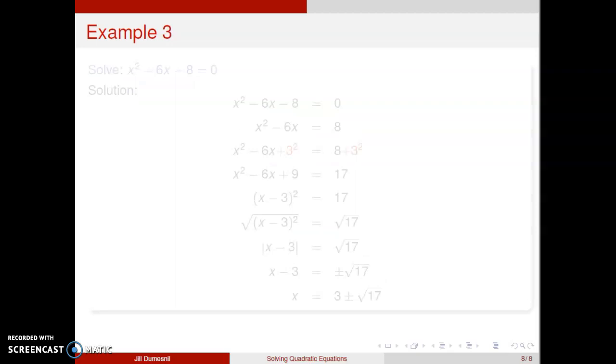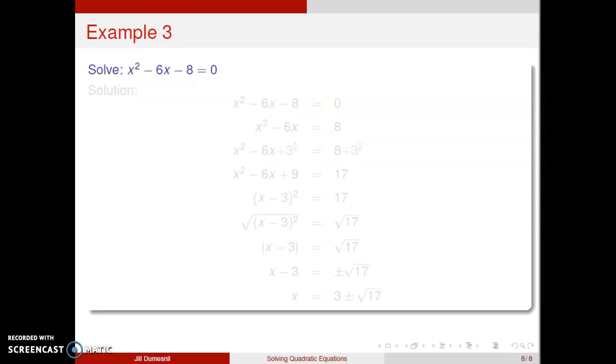Let's consider a third example. Solve the equation x squared minus 6x minus 8 equals 0. This is a quadratic equation in standard form, and the quadratic expression is not factorable. We add 8 to both sides and prepare to complete the square.